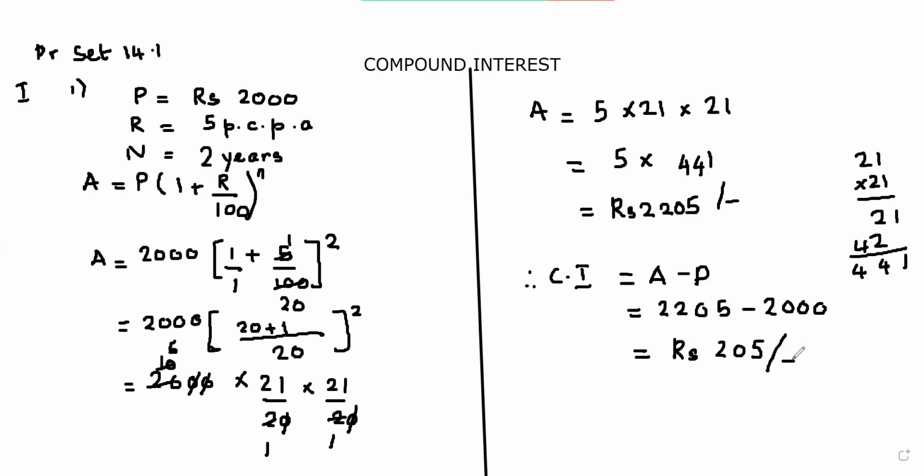Rupees 205. Okay, so we have to find the amount and the compound interest. Is that clear? Now, for the next sum, we will just change these values.